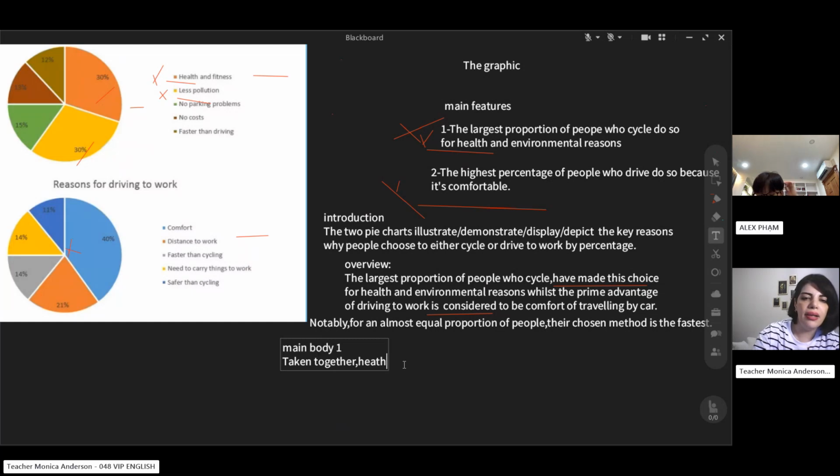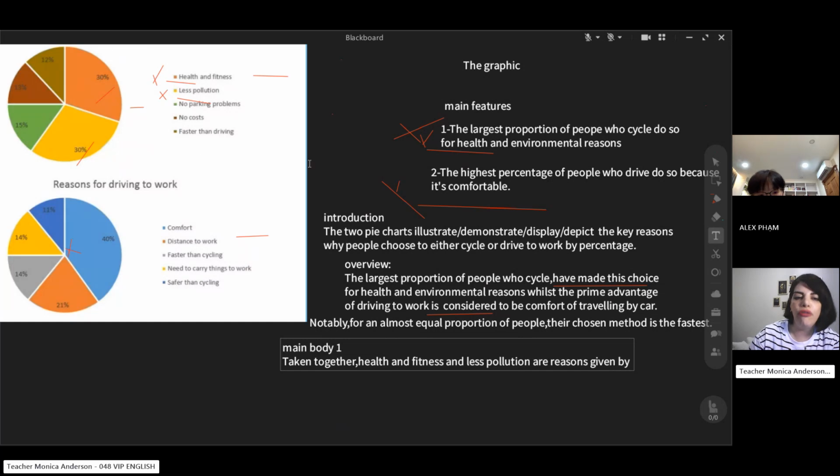Health and fitness and less pollution are reasons given by how much?